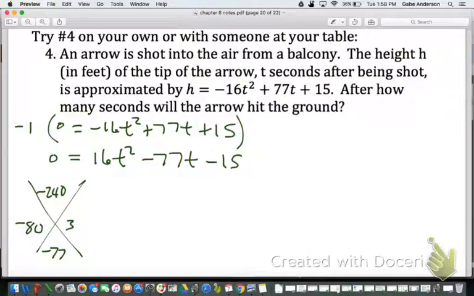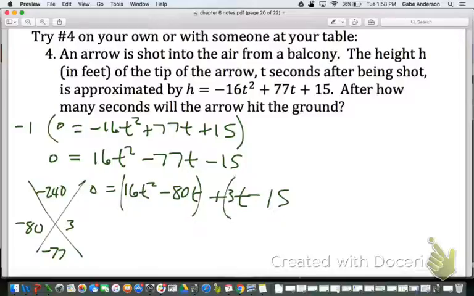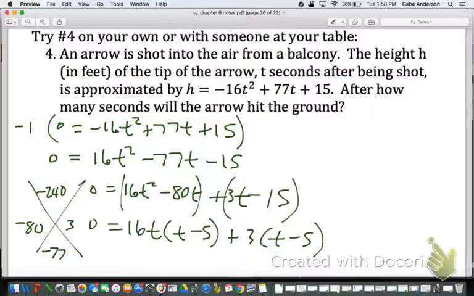So if you're going to do split the B, you'd get 0 equals 16t squared minus 80t plus 3t minus 15. Group and group. 0 equals 16t times t minus 5 plus 3 times t minus 5.